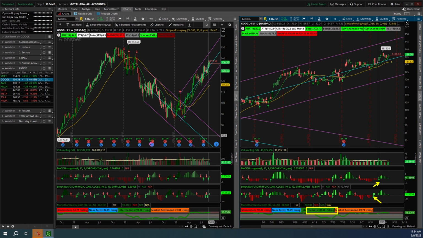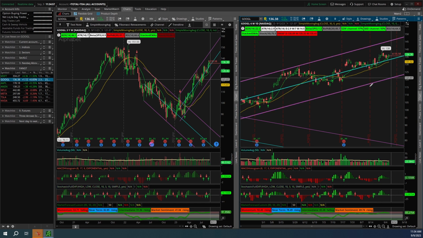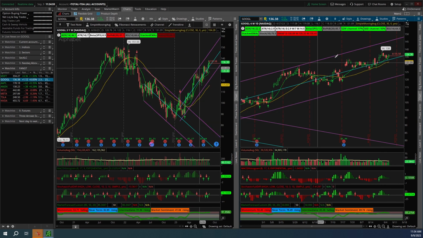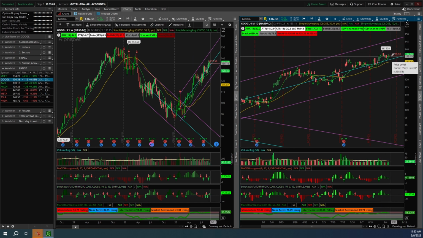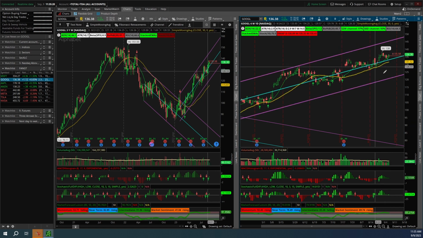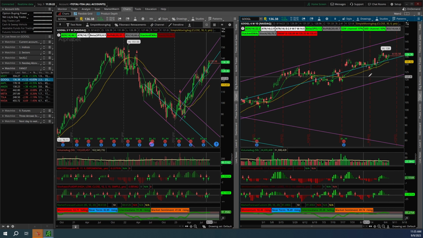So it is not that strong in this last setup, but it's moving to the upside. I would expect that this one would visit the upper side of this channel here. So it doesn't look that bad from my point of view. We're right in the middle, so we'll see if this one moves or not.